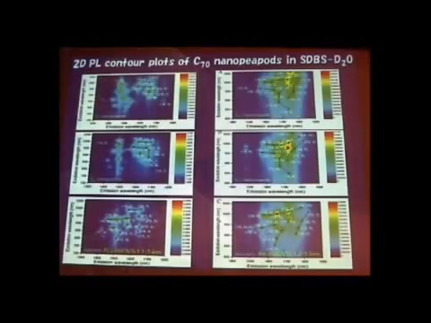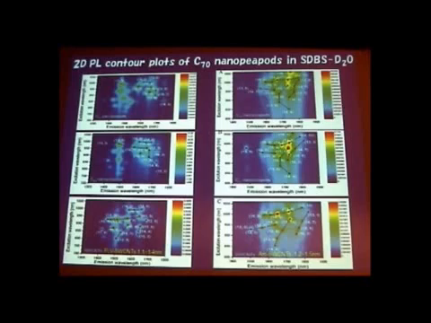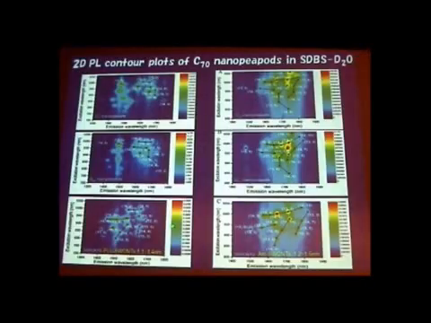So this is detected by looking at the two-dimensional photoluminescence. See, the top two are the C70, these are C60, and these are with the doping.